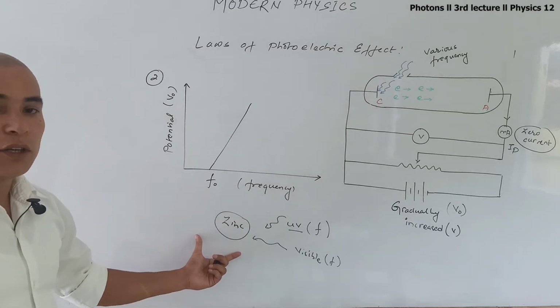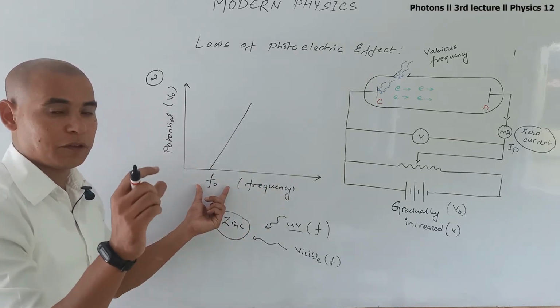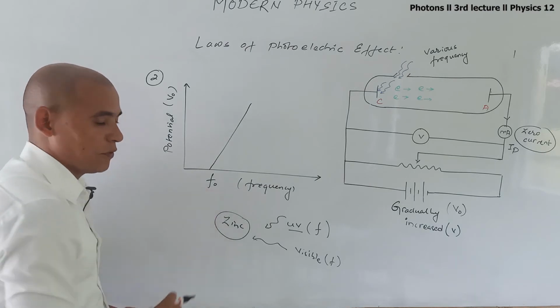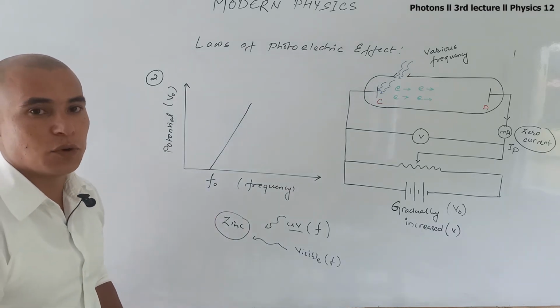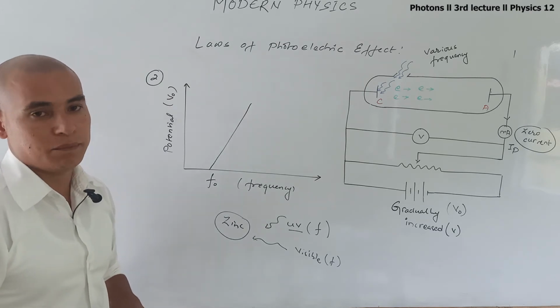So to produce the photoelectric effect, a minimum frequency is required, and that minimum frequency is called the threshold frequency, below which no photoelectrons can be produced.